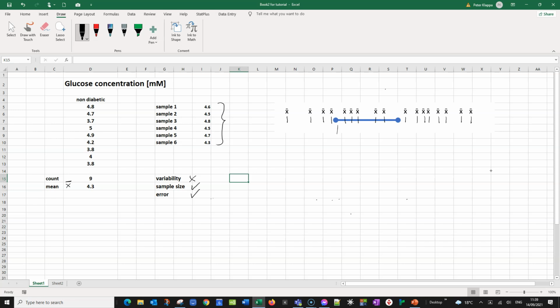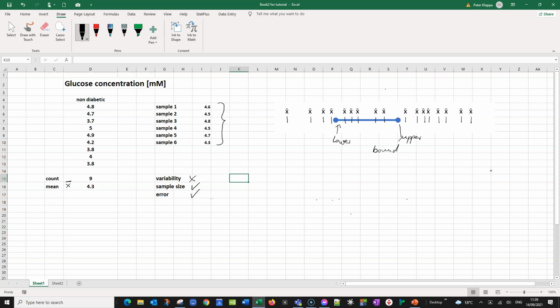We would call this the lower bound, and this is the upper bound of the confidence interval. And as you can see, it's fairly small. What we also see is that there are some sample means that are not included in this confidence interval.